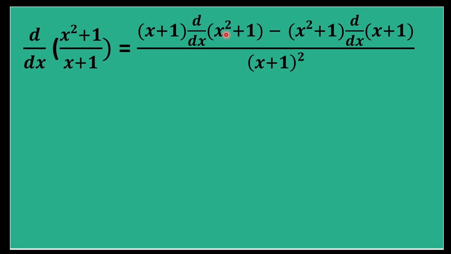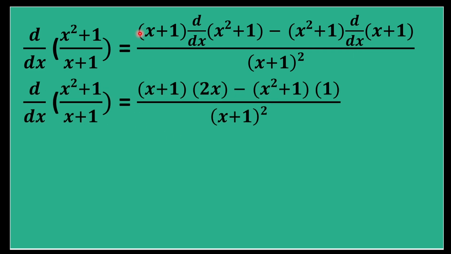Differentiation of 1, a constant term, is 0. Similarly the differentiation of x is 1. So (x plus 1) into 2x, minus (x square plus 1) into the differentiation of x plus 1, which is 1.